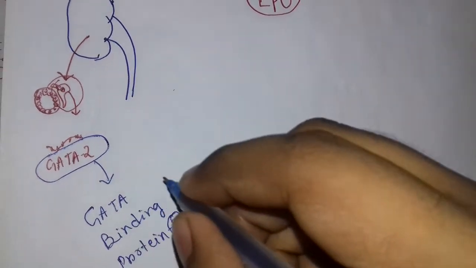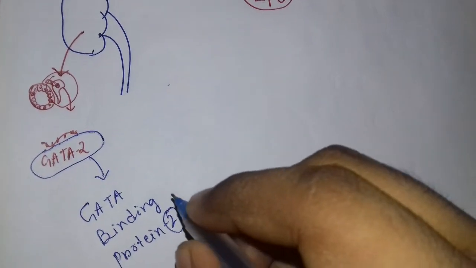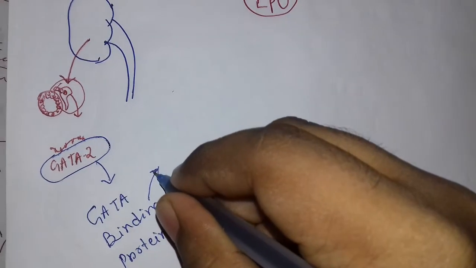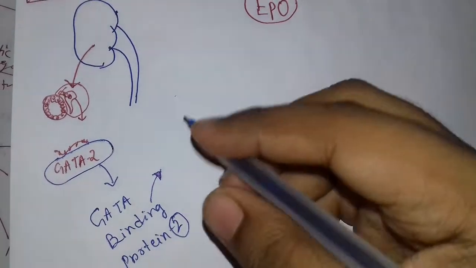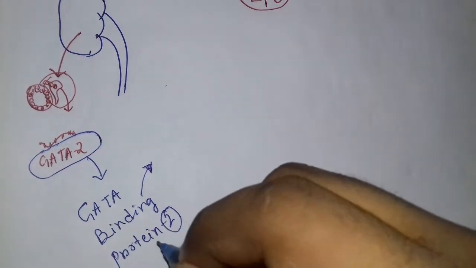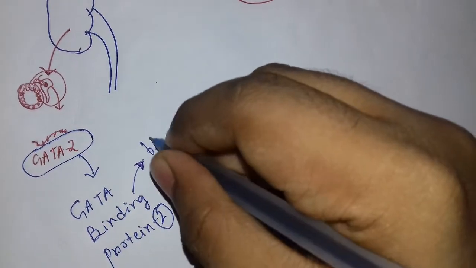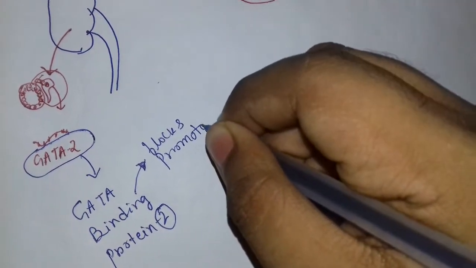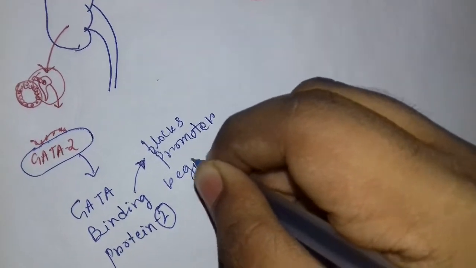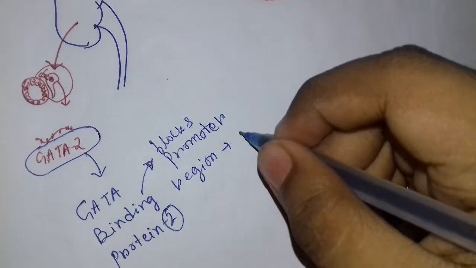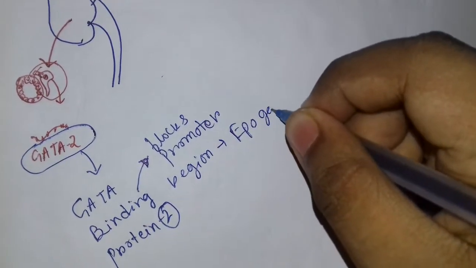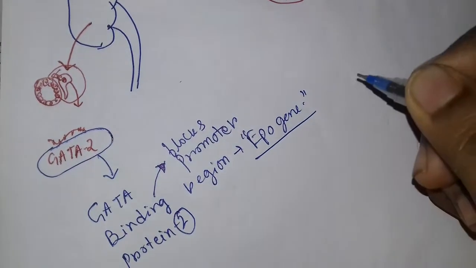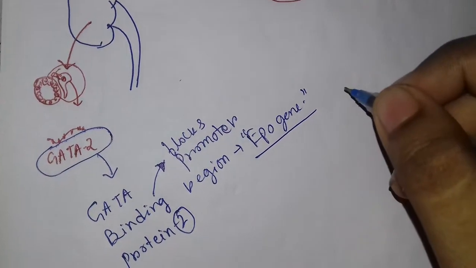In normoxic conditions, that is when the blood oxygen concentration or tissue oxygen concentration is normal, this GATA binding protein 2 blocks the promoter region of the EPO gene, that is the erythropoietin gene. This is the gene responsible for erythropoietin synthesis.